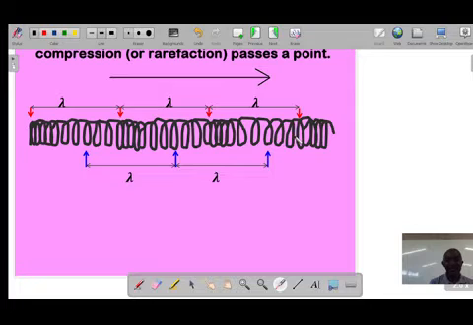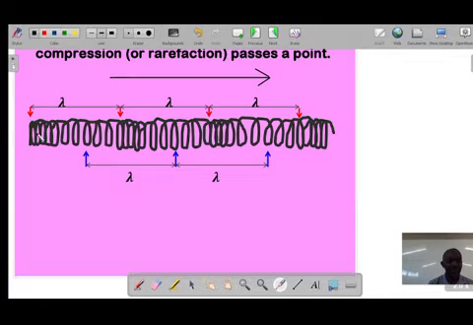If we say points are in phase on a longitudinal wave, this is what we mean. Take an example of this compression region. The compression region starts from here. You see that?